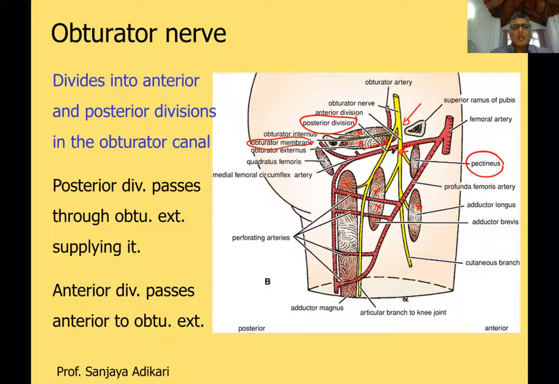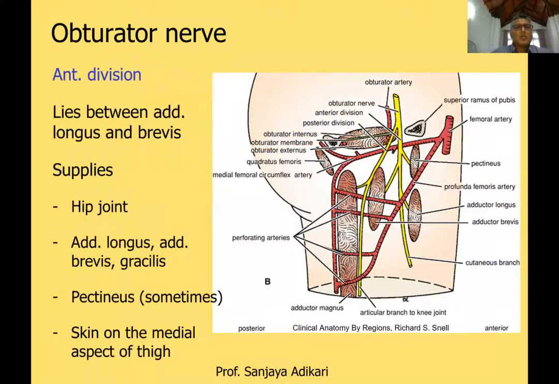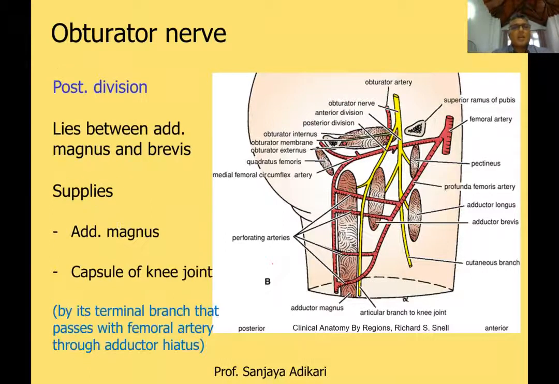Okay, so this is about the anterior division. It supplies the hip joint as well here, and adductor longus, adductor brevis, and also the gracilis, and sometimes pectineus, and the skin on the medial aspect of the thigh.